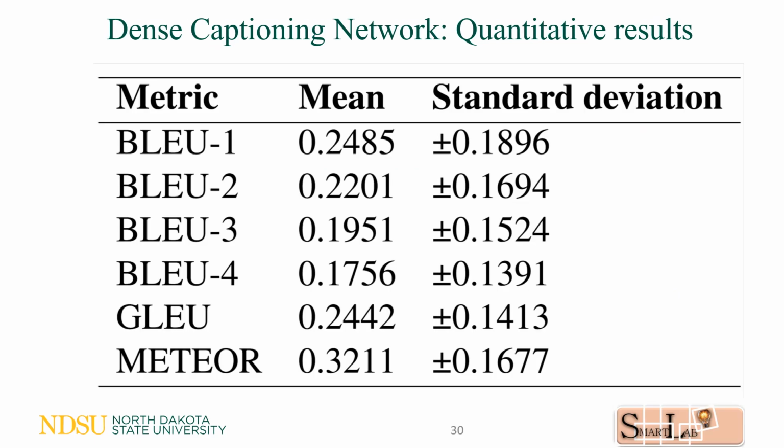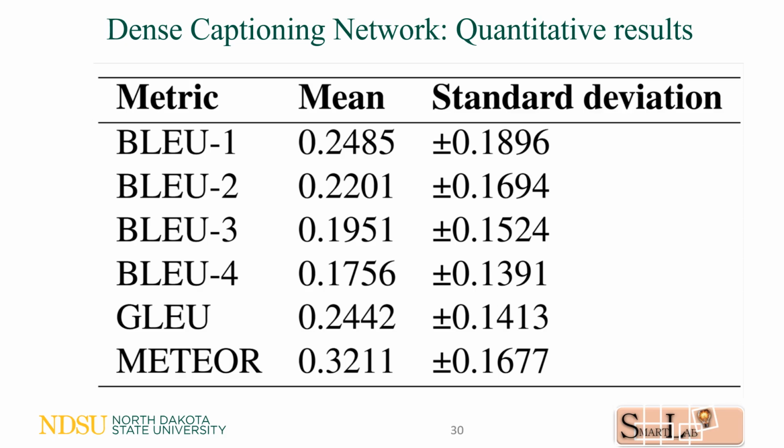Now let's move on to the quantitative results for the dense captioning network. For the dense captioning network, we report BLEU1 through BLEU4 and Meteor along with their standard deviations across the dataset.